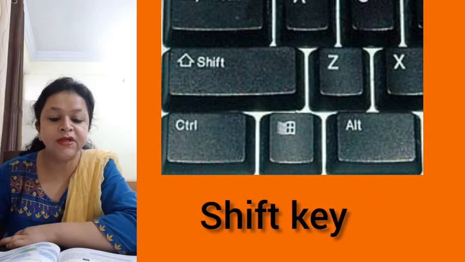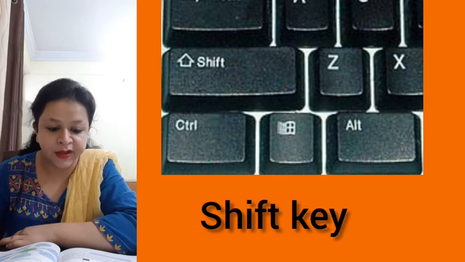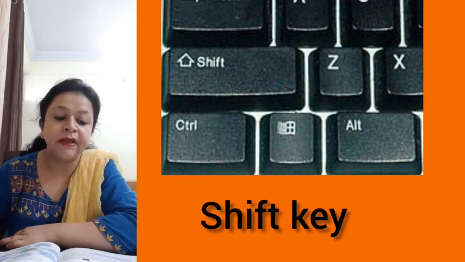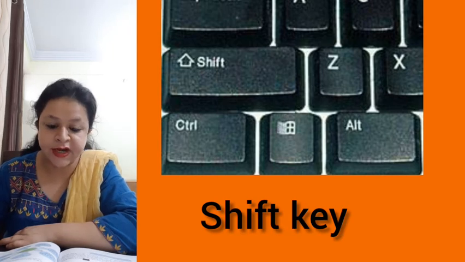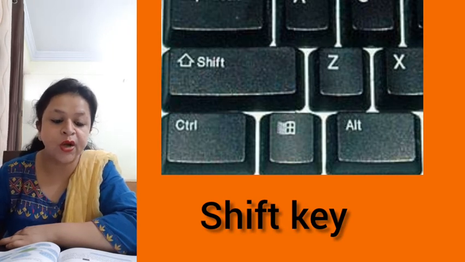Now the Shift key. The Shift key is a modifier on a keyboard used to type capital letters and other alternate upper characters. There are typically two Shift keys, on the left and the right sides. The Shift key is used along with other keys to get capital letters and other upper symbols.